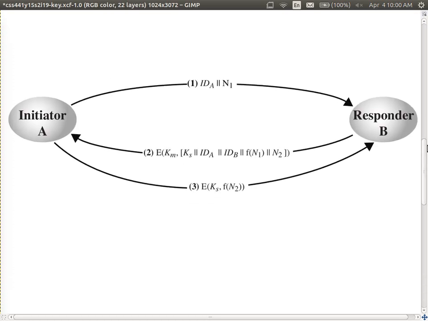The assumption before this exchange takes place is both A and B have a master key. So before there's any keys exchanged, the known information, A knows KM and B also knows KM.